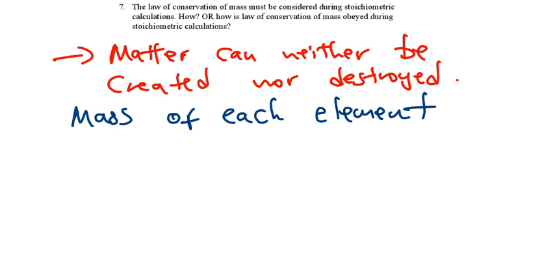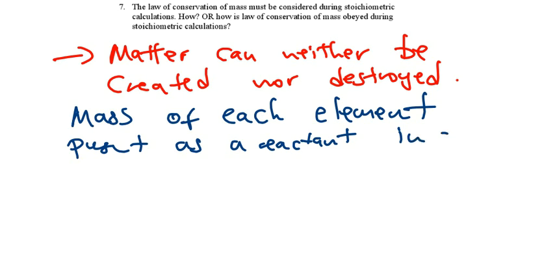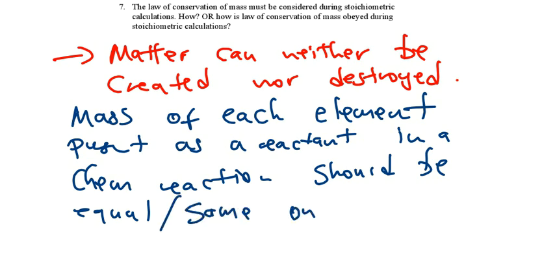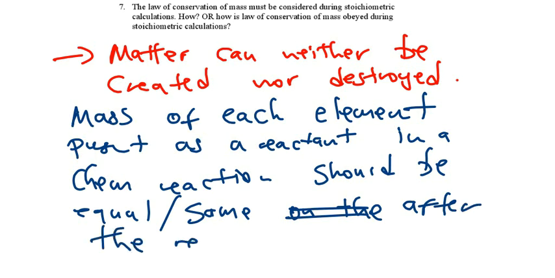So the mass of each element present as a reactant in a chemical reaction, this is its application in stoichiometry, should be equal, or the same, after the reaction, or as a product if you want.